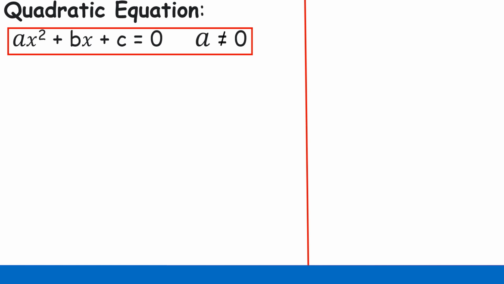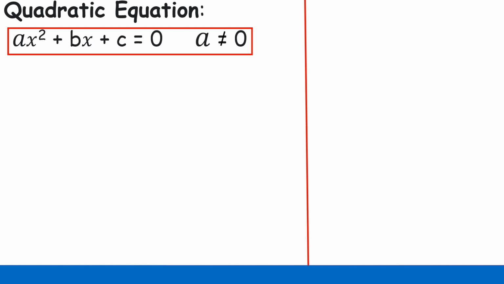And assuming a is 0, what happens to that expression? You'll see that the first term, ax squared, is knocked out because it now becomes 0. Once that first term is knocked out, we are left with bx plus c is equal to 0, and it now becomes a linear expression.